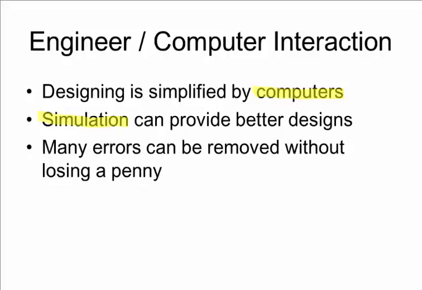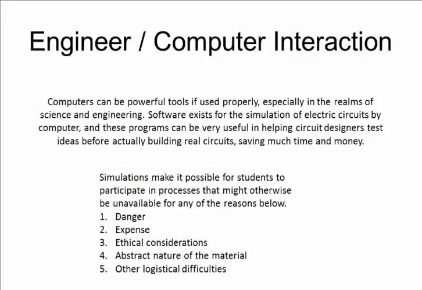Rather than build physical circuits, we can simply simulate, meaning press play and it will run as if it was in the real world, but it isn't. And then you can circumvent many errors. Some of them can be costly, in terms of money but also in terms of danger. When you simulate dangerous systems and circuits, it's much better than trying to build it and maybe something catastrophic goes wrong.